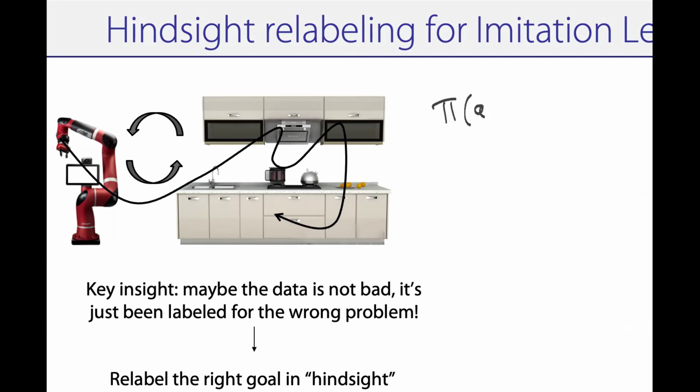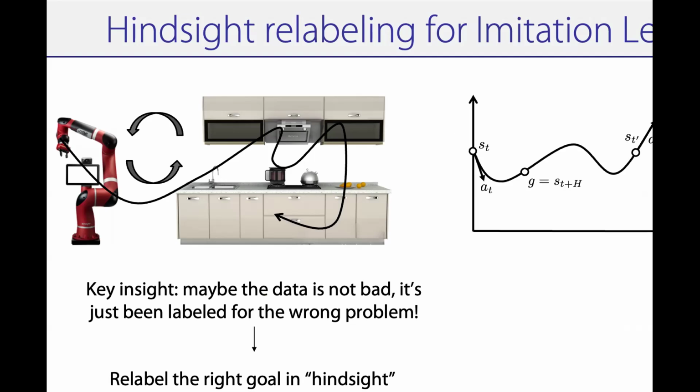You don't consider pi of a given s, you consider pi of a given s comma g, where g is a goal that you're trying to reach. If I had bad data, it's just that the goal was wrong, right? So blame it on the goal. The fundamental insight is that you can relabel suboptimal data to be near optimal for different goals, right?